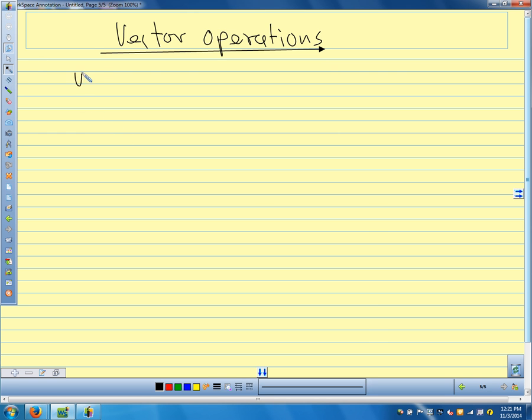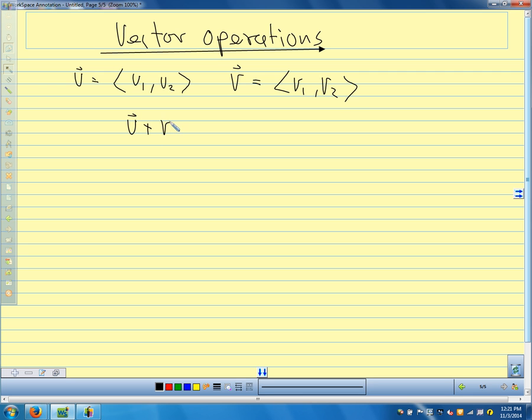So if u is the vector in component form u1, u2, and v is the vector v1, v2, to add these two, u plus v, I just add the components. u1 plus v1 is my x component, and u2 plus v2 is the y component. So I add the x components, add the y components.